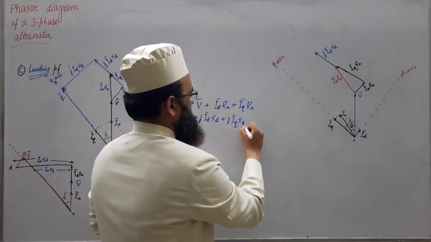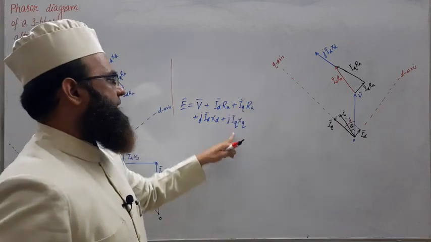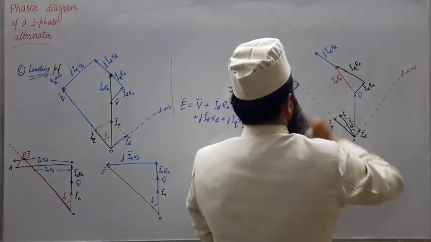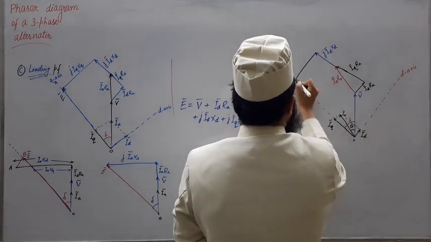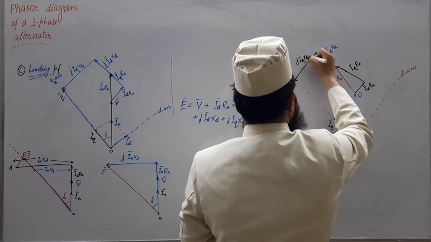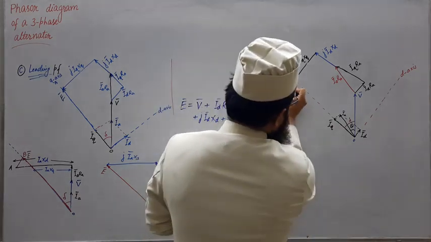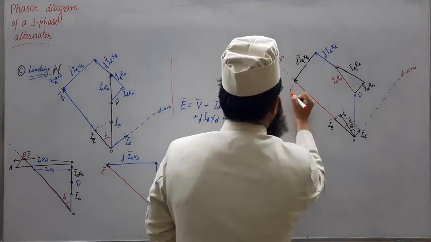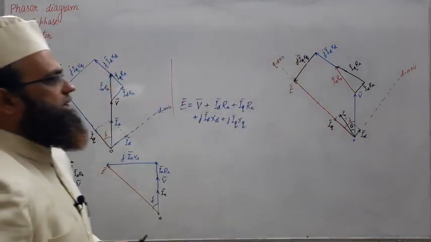This is IQ XQ, so obviously rotated 90 degrees in the anti-clockwise direction, that is this way. So this will be parallel to the D axis, J IQ XQ. Fine. So this will be our per phase induced EMF E phasor, this E. This will be the per phase OE, induced EMF.